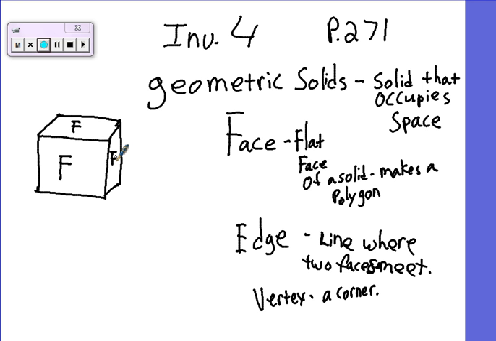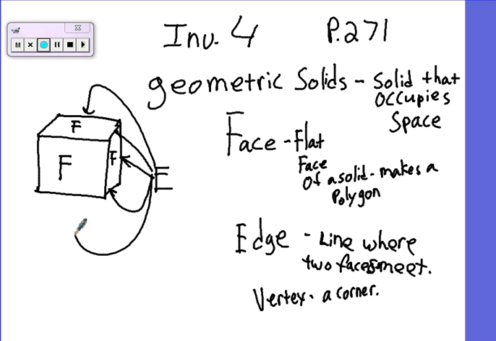The edge, I'll signify with the letter E, is all the lines that make up this shape. So notice the E goes everywhere. Look at all those edges that we can see.